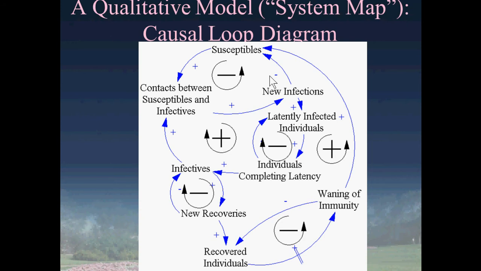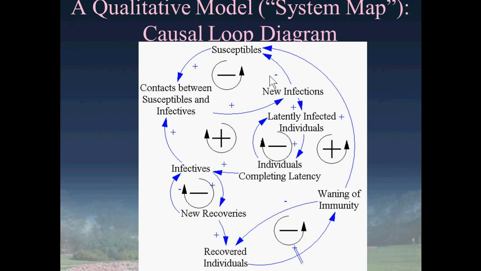By contrast, think about the number of new infections. As that rises, the number of susceptibles will tend to be lower than the value it otherwise would have held. Again, all other things being equal. So we can associate these polarities with posited causal links, and that allows us to deduce the presence of feedbacks.